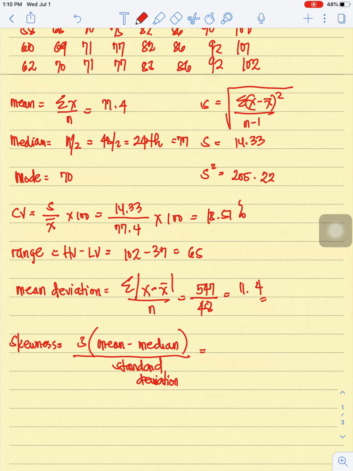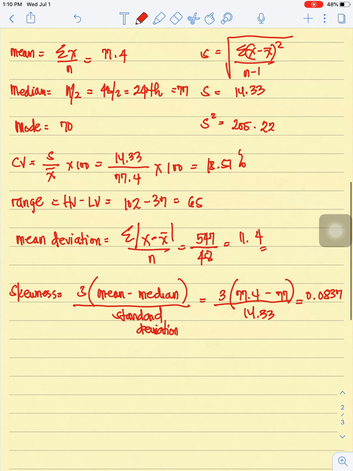And this is equal to 3 times our mean of 77.4 minus our median of 77 divided by our standard deviation of 14.33. So our skewness is equal to 0.0837 or 0.08.